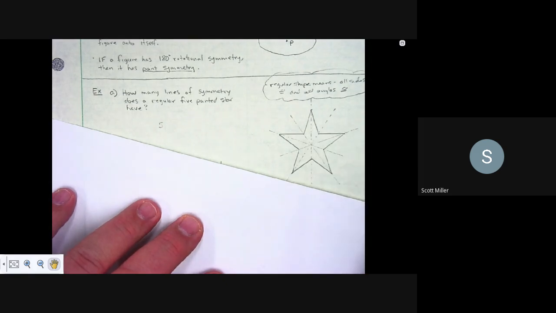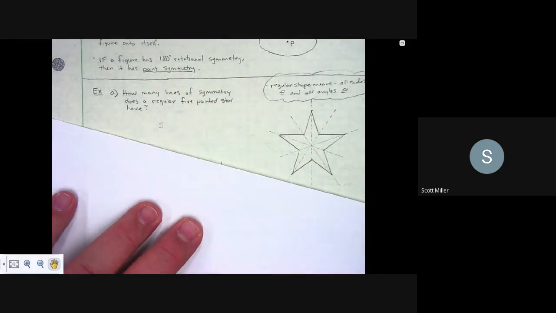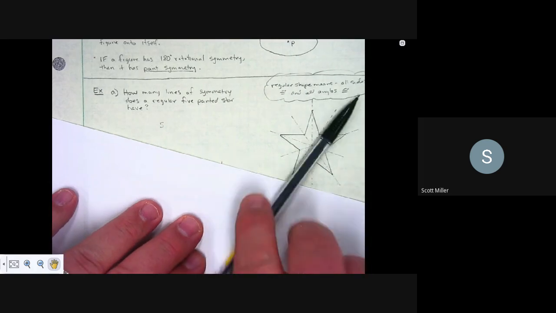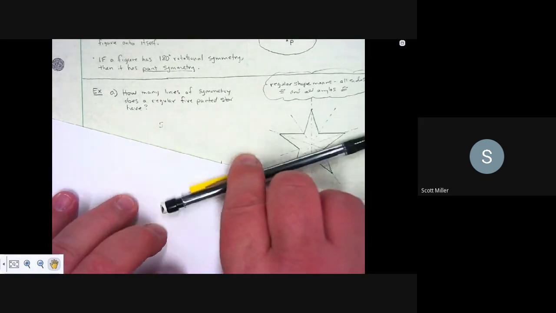So how many lines of symmetry does this star have? Well, take this one right here. If I draw this dotted line right here and then I fold that half onto that half, it's going to match up perfectly. And in fact, because it's regular, that's going to occur at every one of these locations, at every point.